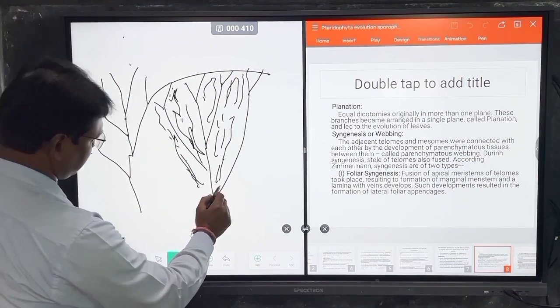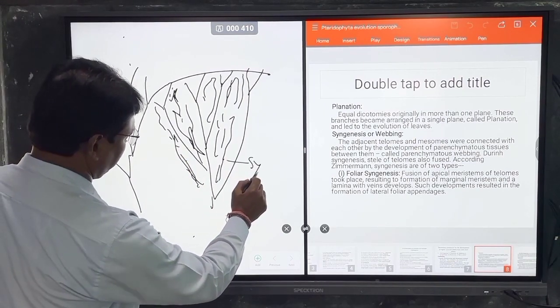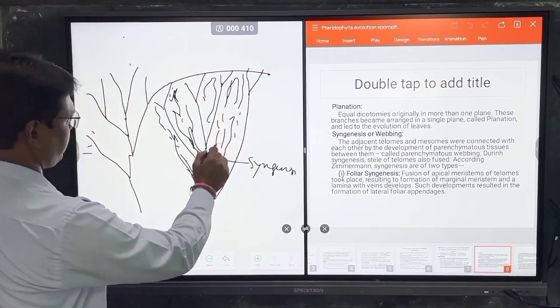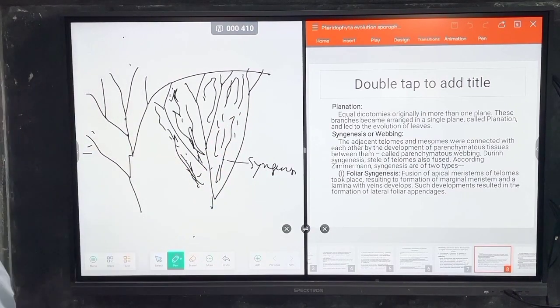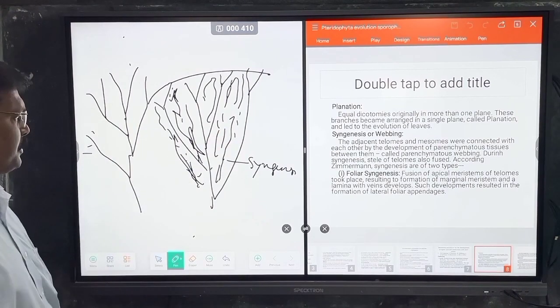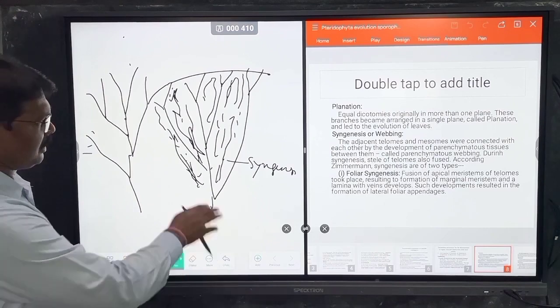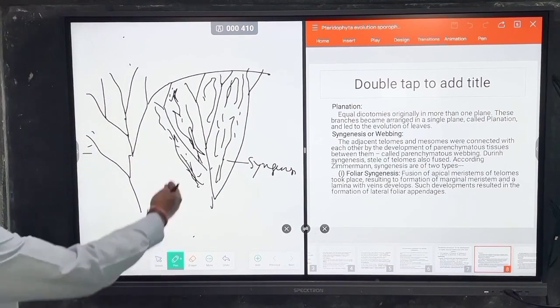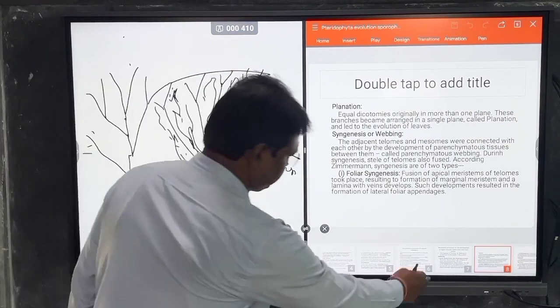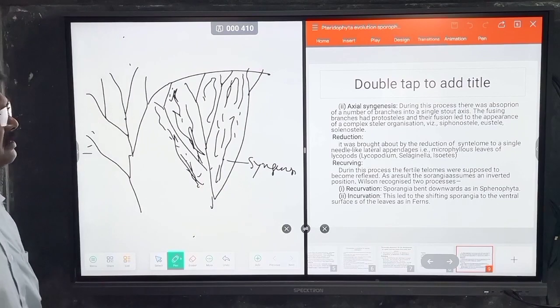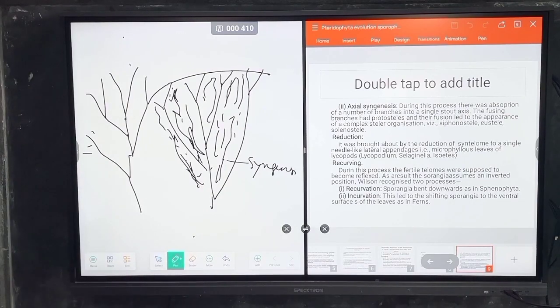These parenchymatous tissues ultimately give rise to leaves. Syngenesis may be of two types: the foliar syngenesis, the formation of the leaves, and the axial syngenesis.